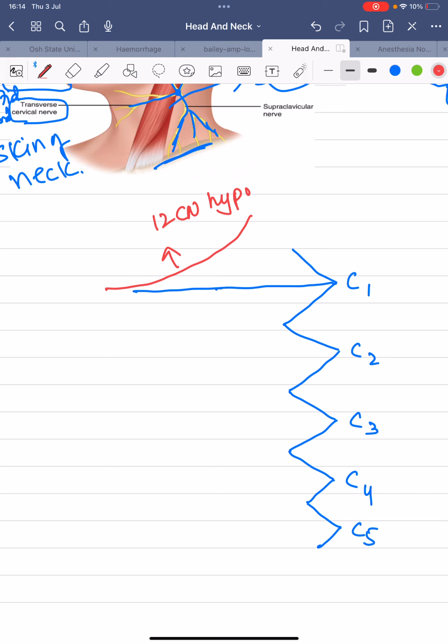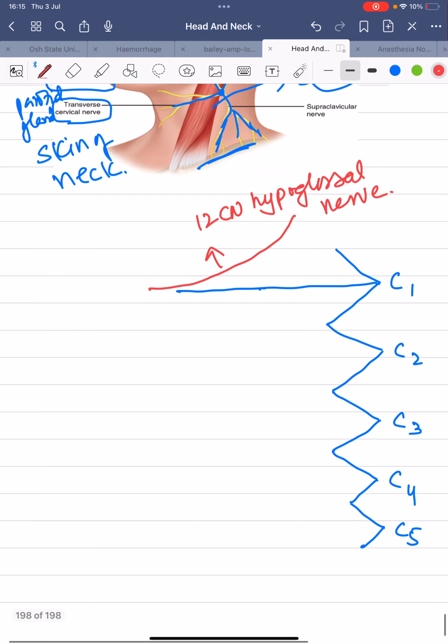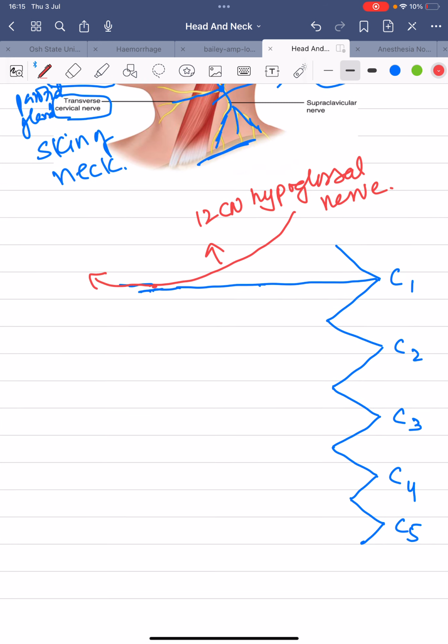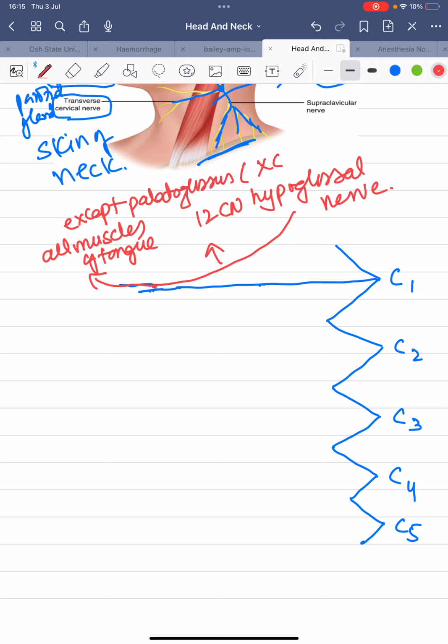So it is taking out the fibers of the C1 fibers, like this, and now it is innervating all muscles of the tongue except palatoglossus, which is innervated by your which nerve? 10th cranial nerve or vagoaccessory complex, same thing.